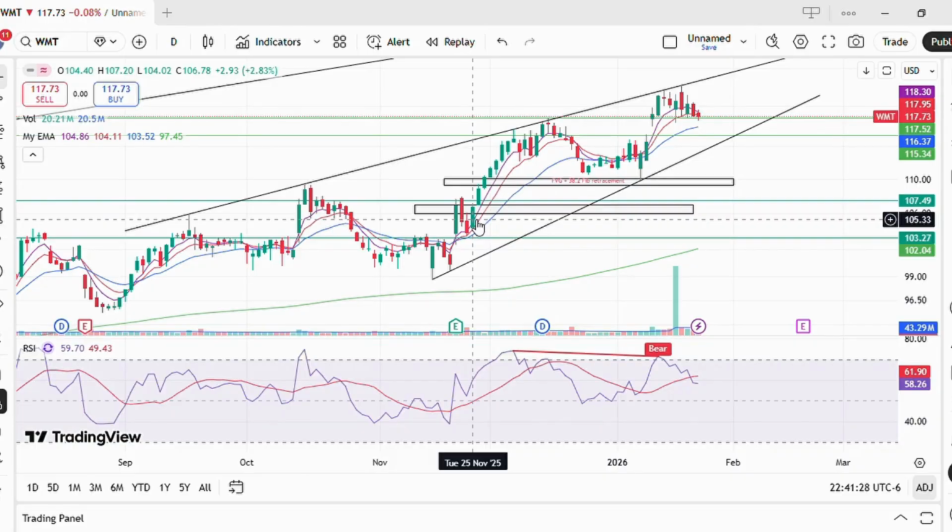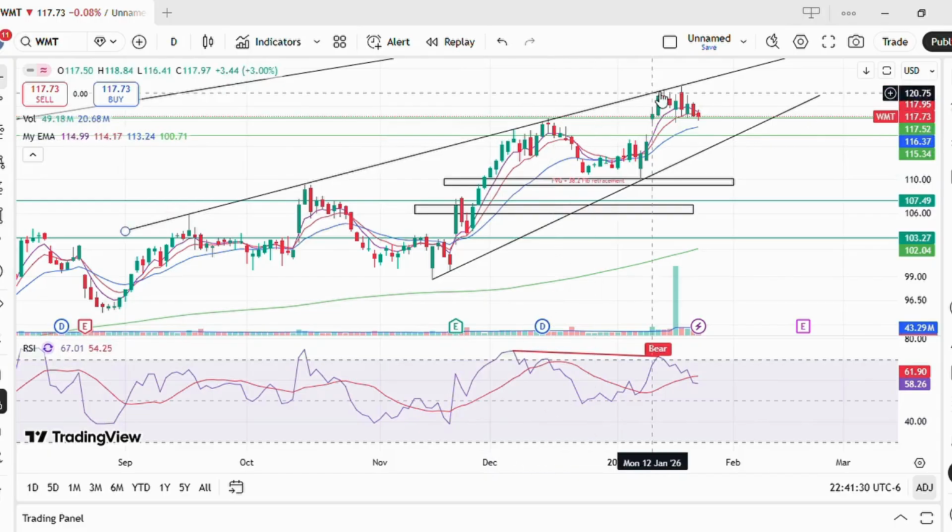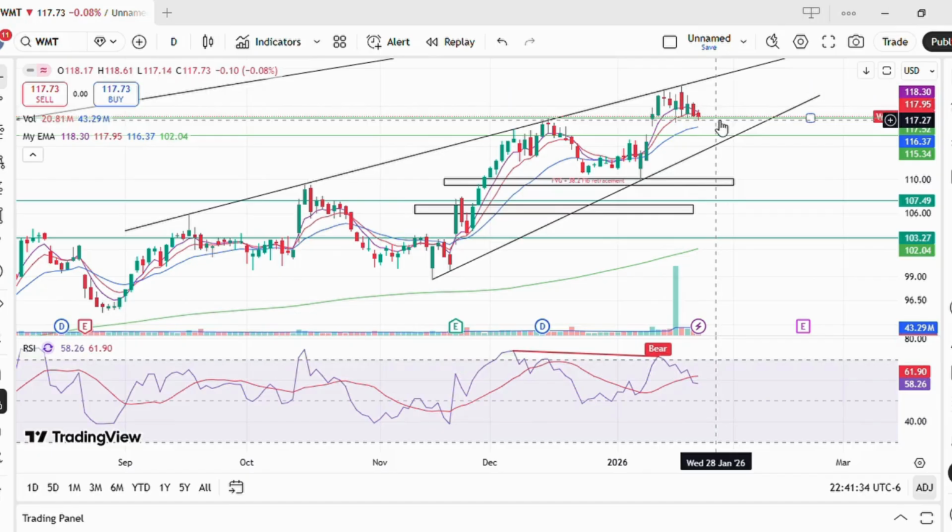Walmart is also at this trend line resistance, and currently at this support. It did not break the support for the last 1, 2, 3, 4, 5 sessions. It was just consolidating here, and the EMAs are coming closer.